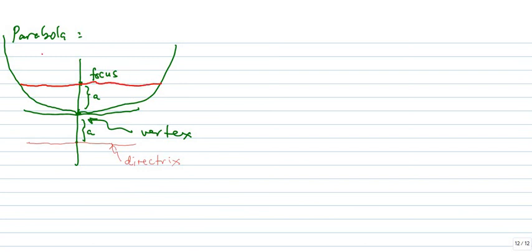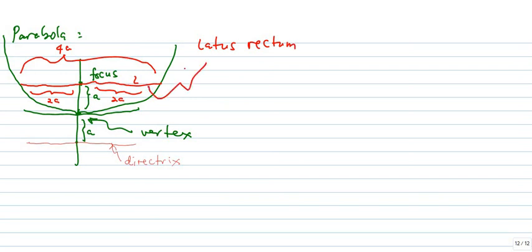Okay, that is our Latus Rectum. Now, half of the length of a Latus Rectum is equivalent to 2a. On the other side, that is also 2a. That means the total length of a Latus Rectum is equivalent to 2a plus 2a, that is 4a. That is the total length of a Latus Rectum. So take note, this is our Latus Rectum.